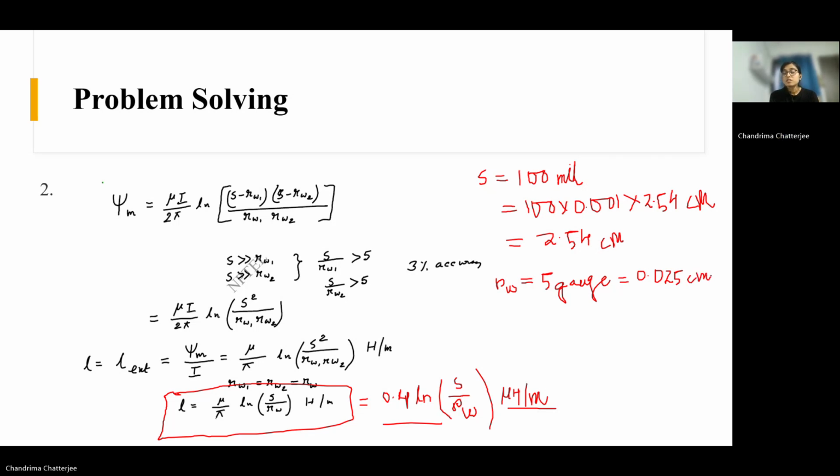Okay. So now if we calculate it, we get the value. Let's see what we get. 0.254 divided by 0.025.